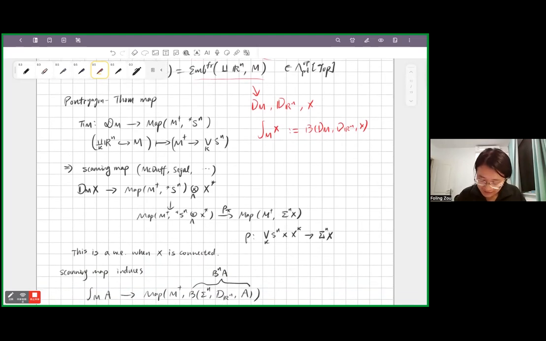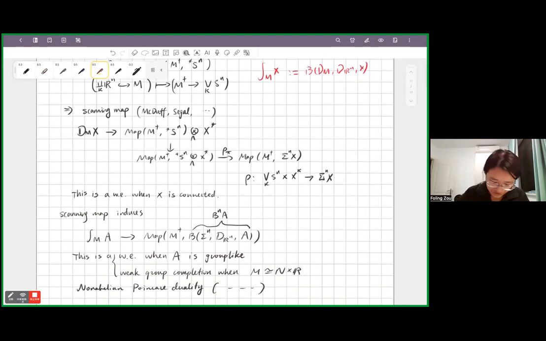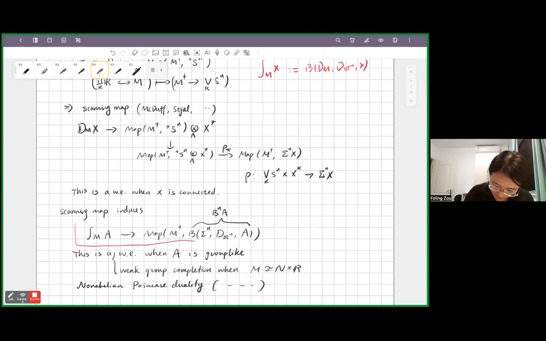And the upshot is that in the end, we get a map from the factorization homology defined using the bar construction to this mapping space.